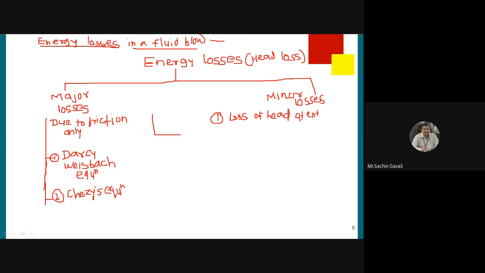Let's suppose this is a reservoir tank, and we are taking the water from it. Loss of head at the entry of pipe.